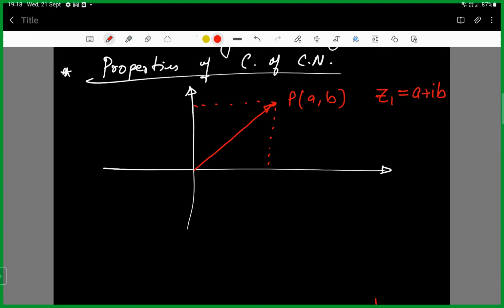Now, how do we write the conjugate of this? Z1 conjugate is A minus iota B, that's what we said.